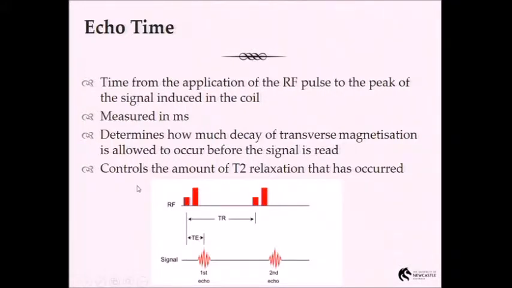But again, the important thing to see here is that it controls the amount of T2 relaxation that has occurred. So when I'm talking about controlling the amount of relaxation, that's where we weight the images. So we make them weighted towards a particular contrast.